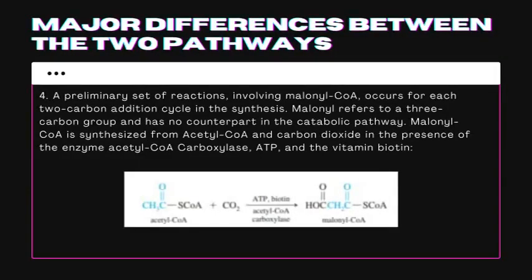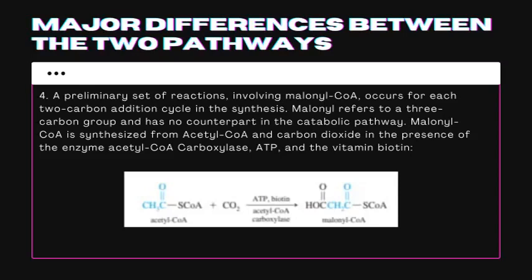The fourth and last difference between the two pathways is that a preliminary set of reactions involving malonyl-CoA occurs for each two-carbon addition cycle in the synthesis. Malonyl refers to a three-carbon group and has no counterpart in the catabolic pathway.